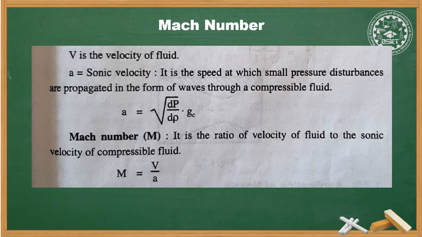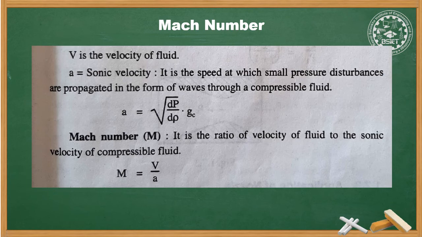It is given by A equal to the square root of dP, the change in pressure, upon the change in density, into Gc.